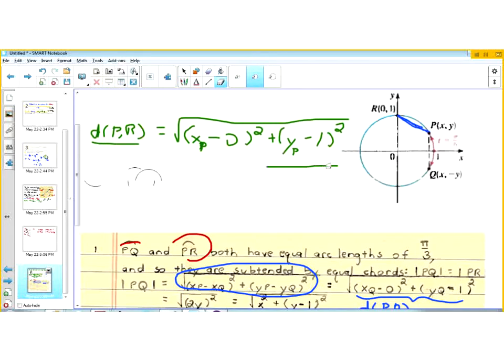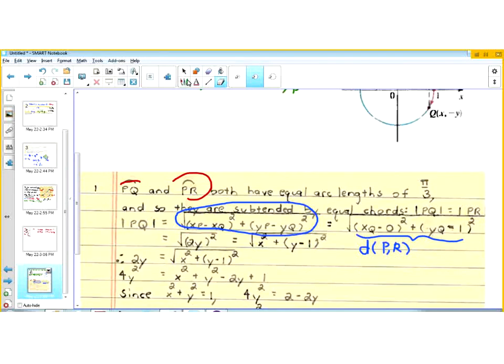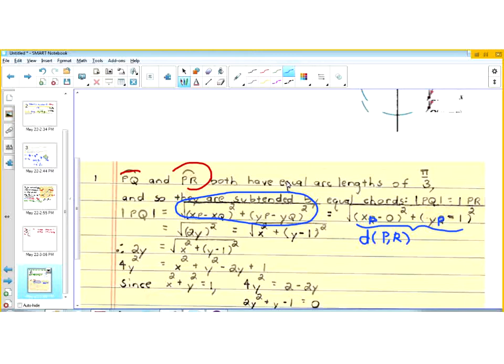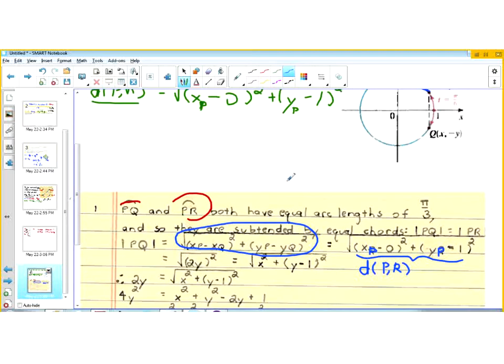So scratch that. I beg your pardon. I have the wrong subscripts. So no, this is correct. This should be XP, and this should be YP right there, not Q. I was thinking that I would reformulate it in terms of the coordinates of Q, but that's not the case. It just so happened that I plugged the wrong coordinates into this distance formula. So this is the distance PR. Please note the corrections. Now, what do we have here?